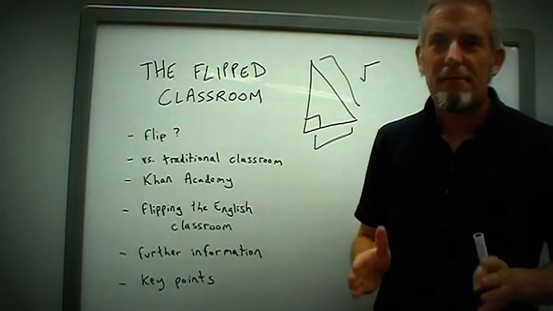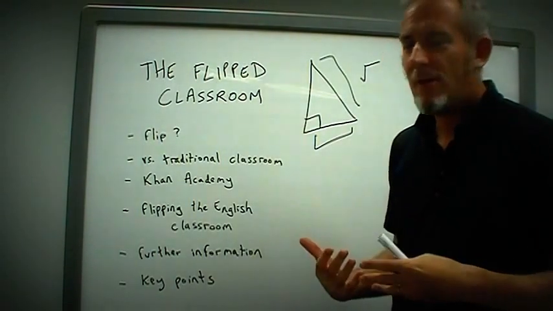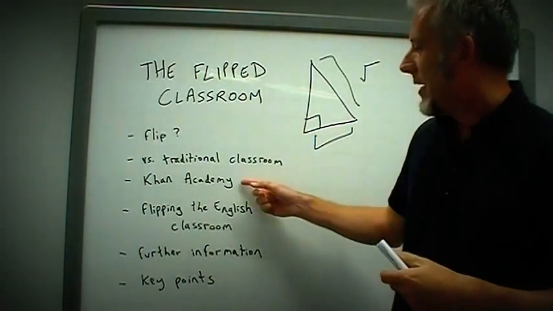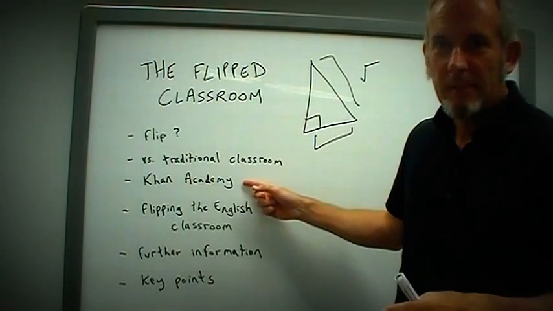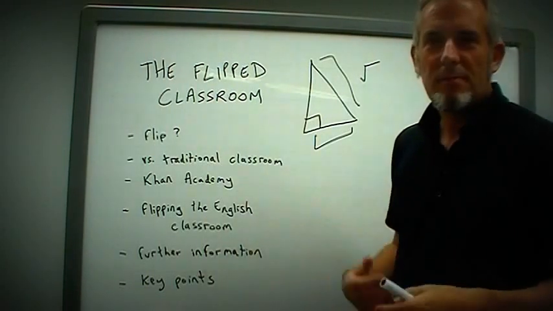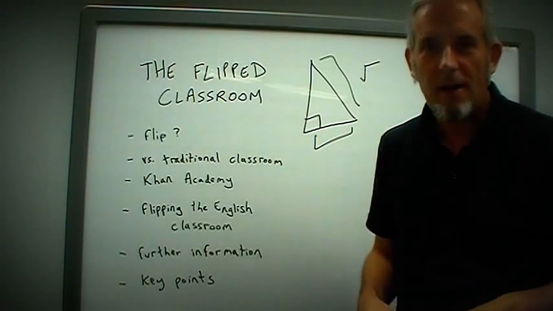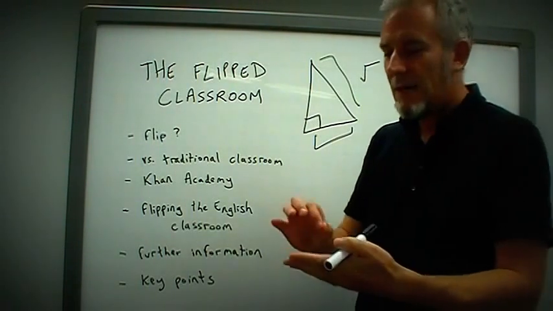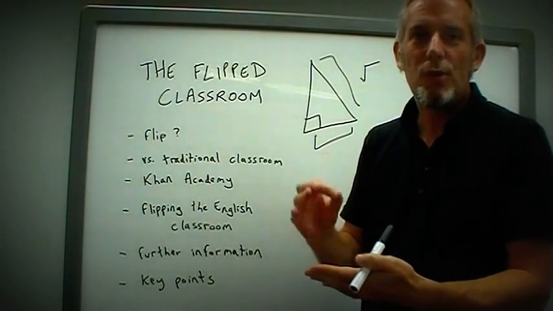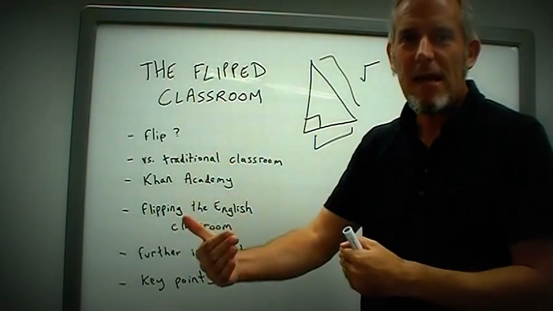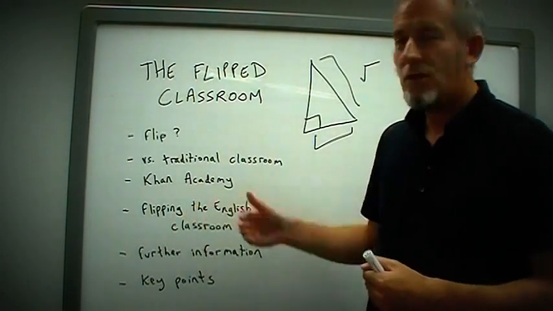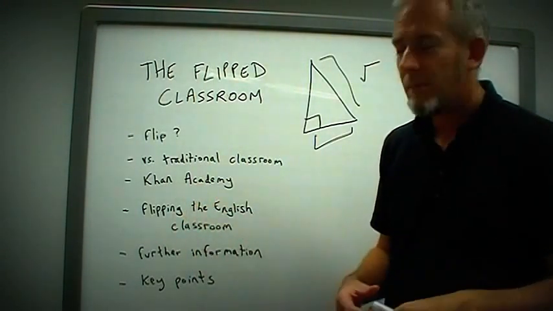A very famous example of the flipped classroom is the Khan Academy. This was founded by somebody called Salman Khan, and originally he was just making YouTube videos explaining math concepts to his nephews.